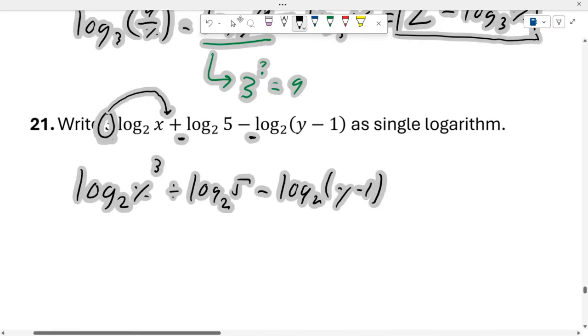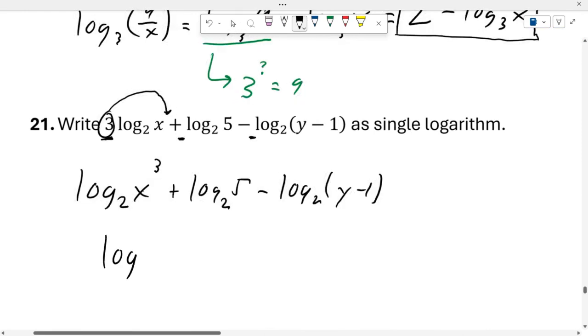So I can combine the first two, log base 2, and I'm going to have x cubed times 5. Just to save myself a step, the convention is that the 5 would be the first leading term, so I'm going to put the 5 out front.